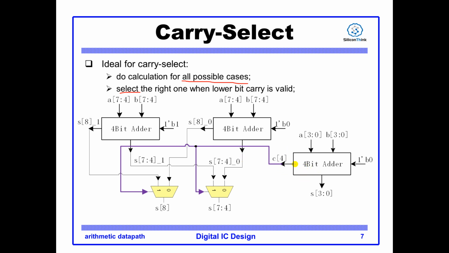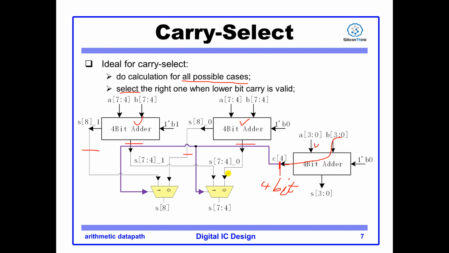So this is the delay, from bit 0 to here. This is a 4-bit adder. Okay, this is no problem. You can see for this part of logic, they can calculate in parallel. These 3 can calculate in parallel. So this means when the value at this point is ready, the value at this point should also be ready.